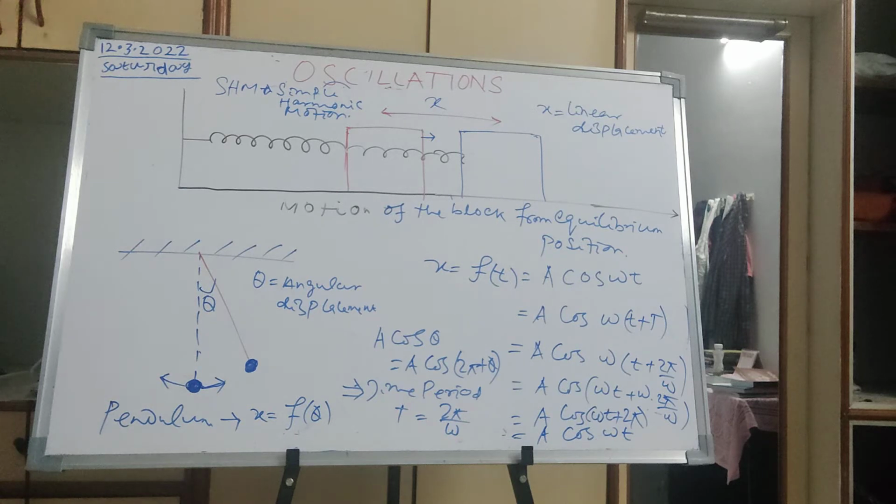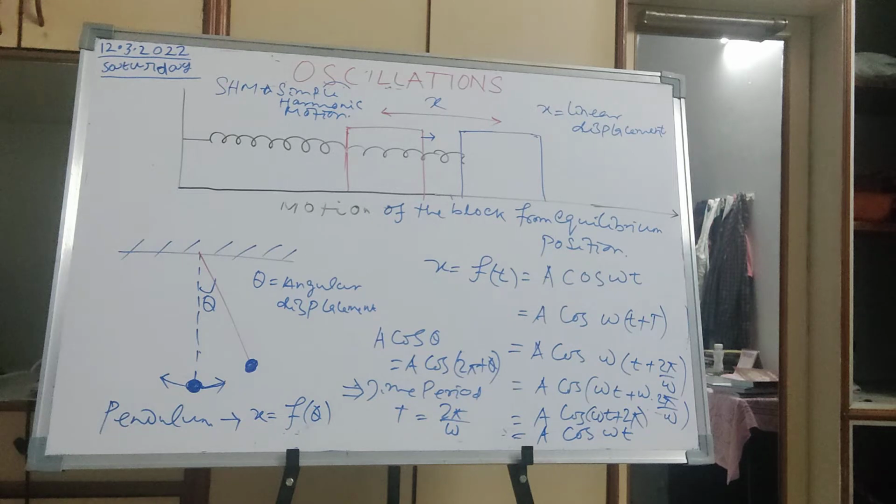Similarly, in linear motion, the velocity is v, and in circular motion there is a corresponding angular velocity. In linear motion, there is a linear acceleration a, and there is a corresponding angular acceleration alpha.